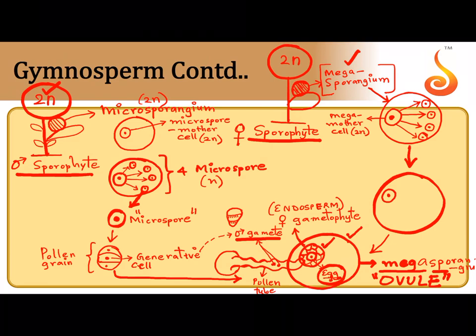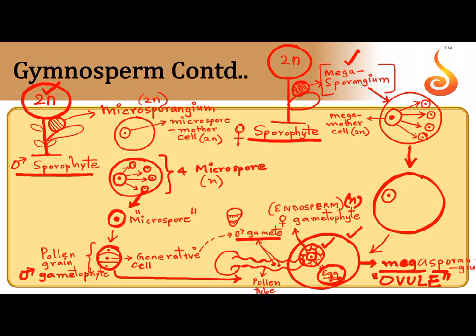Okay, so largely we call this kind of life cycle that is seen in gymnosperm and angiosperm as diplontic life cycle, because the haploid phase is a highly reduced gametophyte, how the gametophyte is trapped inside the ovule in case of the female sporophyte. And see, this pollen grain is nothing but the male gametophyte, how it is so reduced.